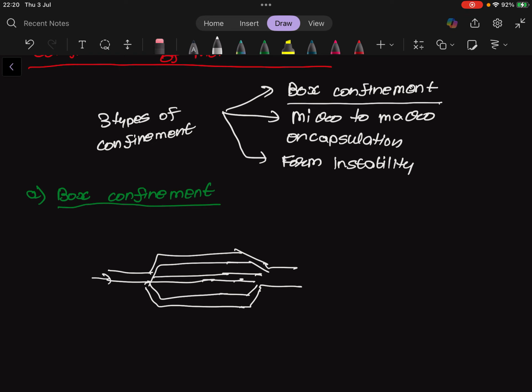Here it's coolant in, coolant out, and we have fins here.